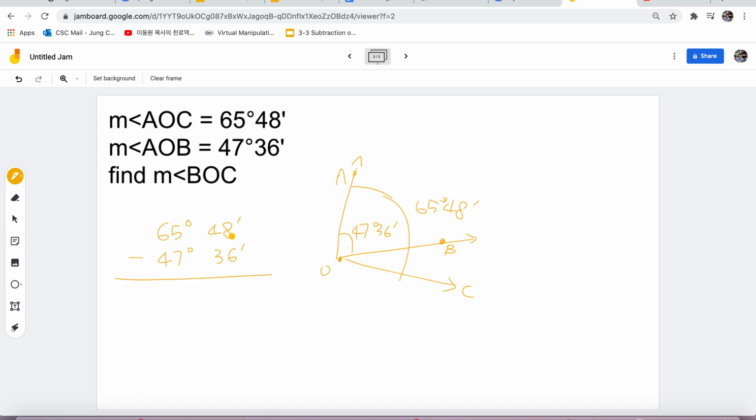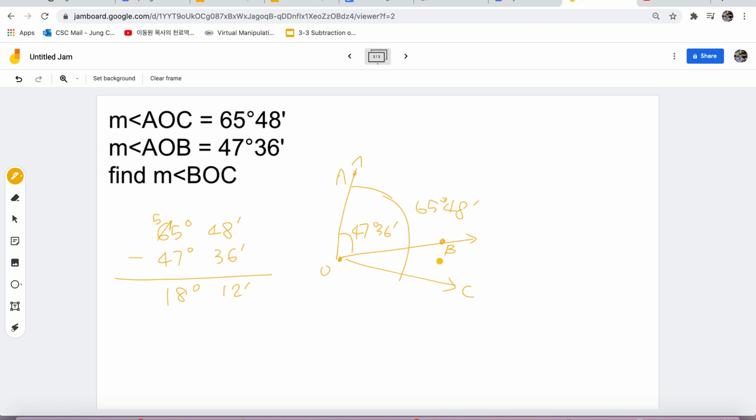Okay, 48 minus 36 is 12 minutes, and what is this in degrees? You can regroup, 10 ones as 10, 1 tenths as 10 ones, so 8 and 1, 18 degrees and 12 minutes.